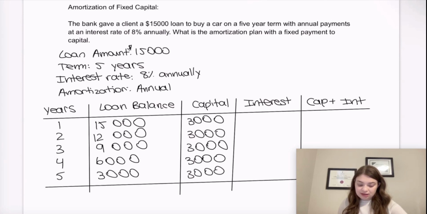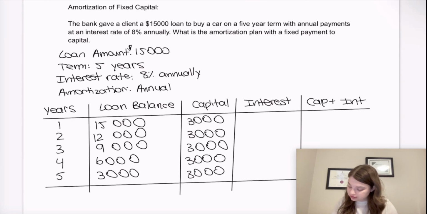Then we need to fill in the interest column. So how do we figure out the interest? Well, we have to take the loan balance and multiply that by 8%. So the loan balance in the first year is $15,000. So 15,000 times 0.08 is going to give me $1,200.